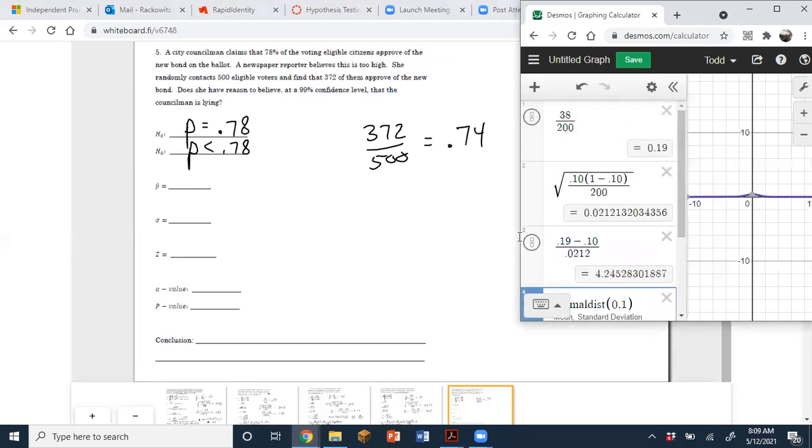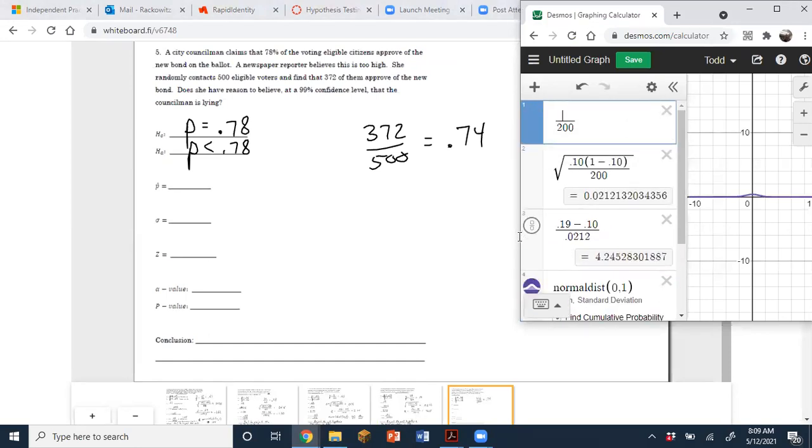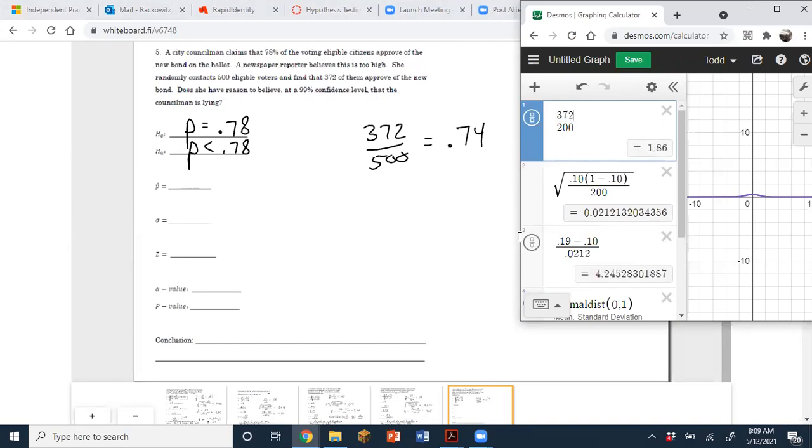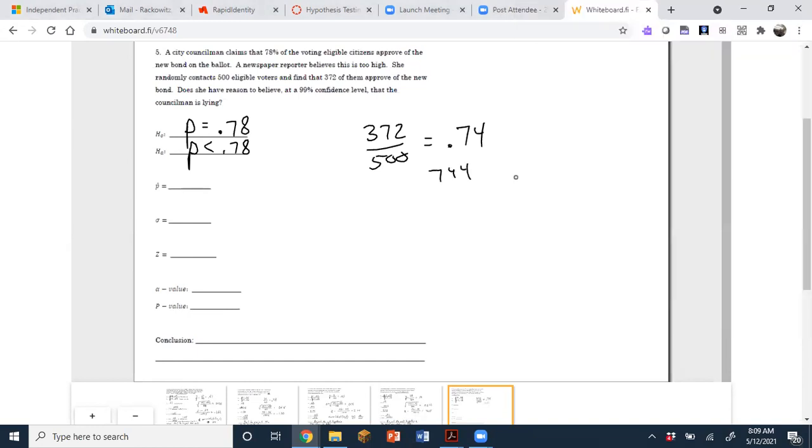Let's check my math. 372 out of 500, if it's out of 1,000, I just doubled that number. That's 744 over 1,000. And since it's 1,000, you can move the decimal 3 places.